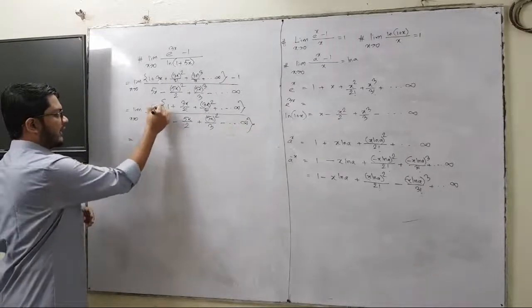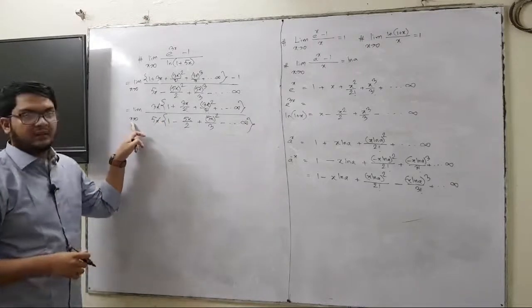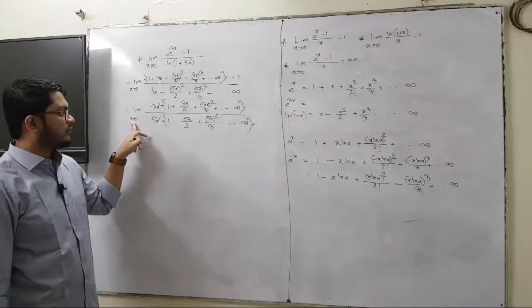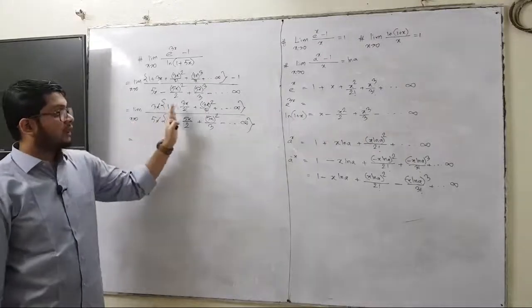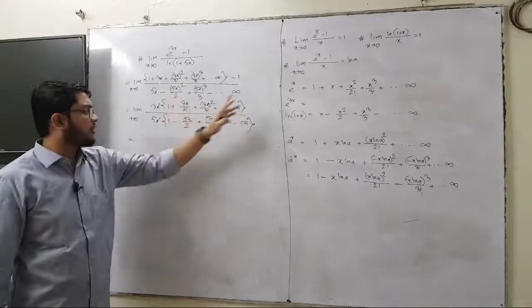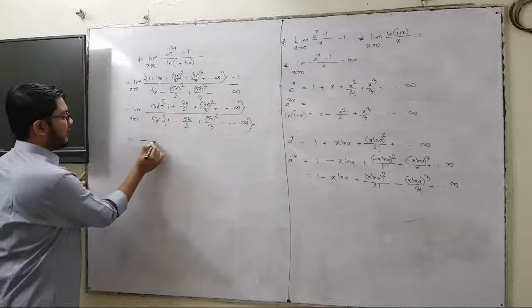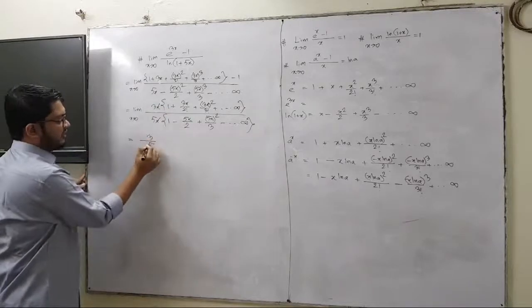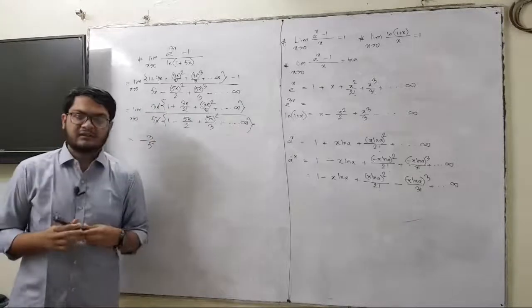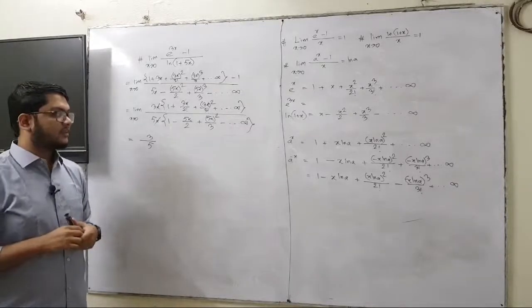You cancel out x and x. And then you put the value of the limit, so x tends to 0. If you put 0 in all the terms containing x, these terms will become 0 other than 1 in the numerator. So 3 times 1 is 3 in the numerator, and 5 times 1 is 5 in the denominator. Very easy, right?